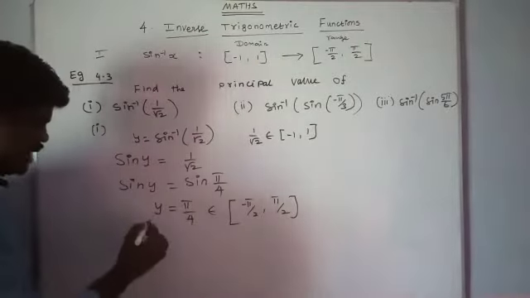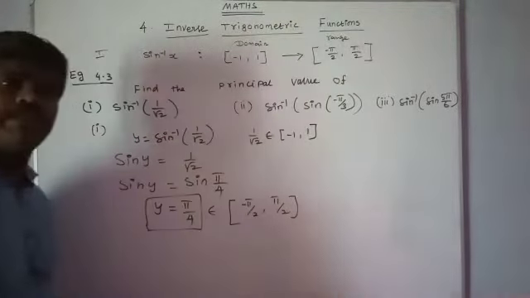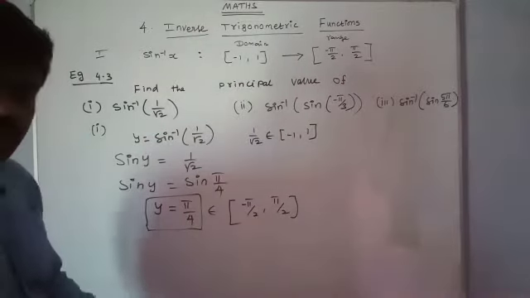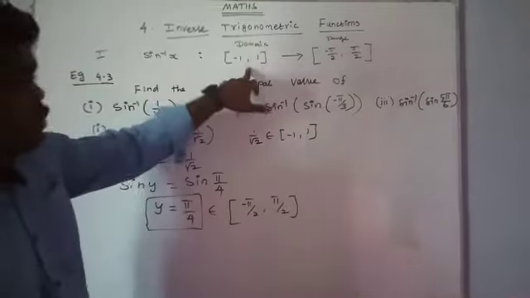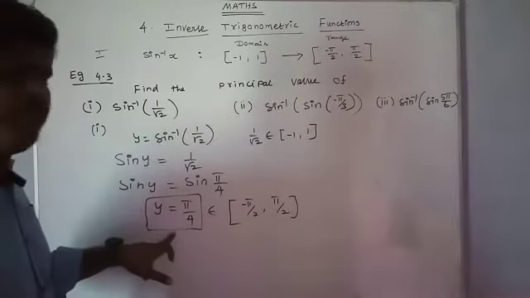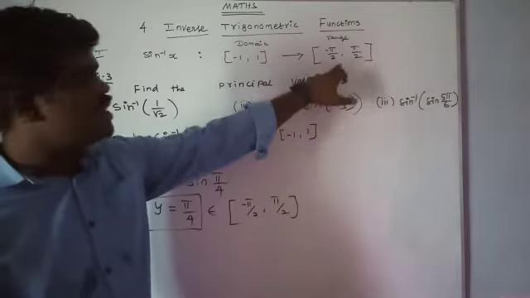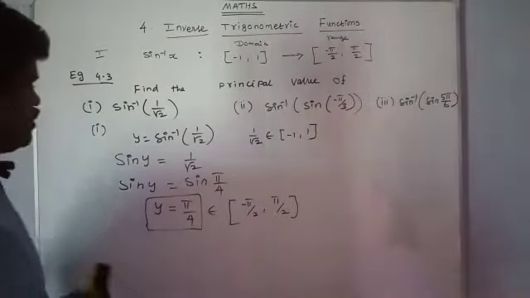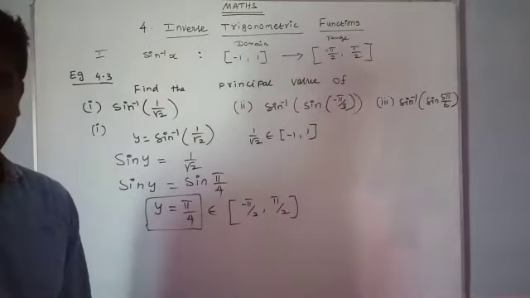Finally we want to check that the answer is also inside the range. Okay, this is very important. First of all, we check that the question is in the domain, and the answer is also in the codomain or range. Y is equal to pi by 4. Pi by 4 belongs to minus pi by 2 to plus pi by 2.